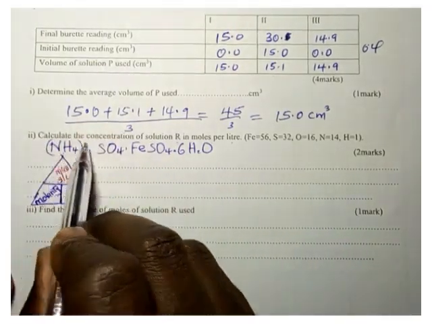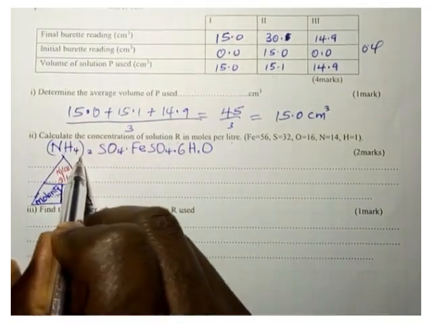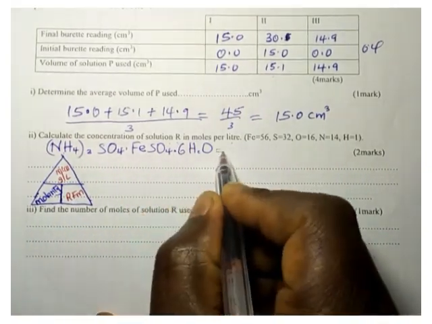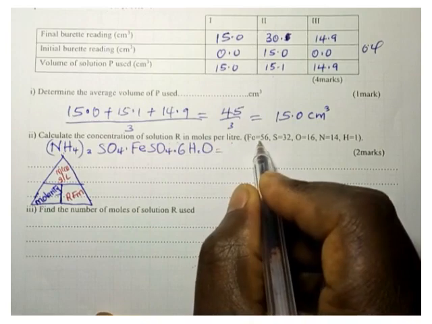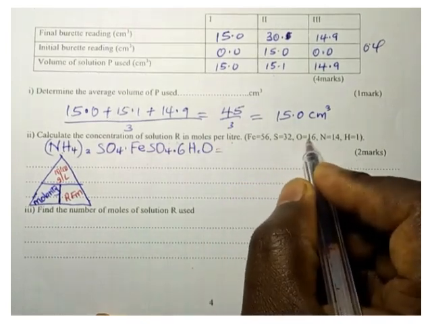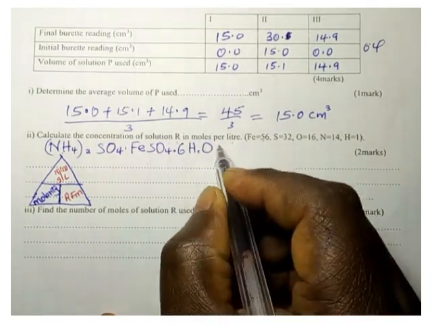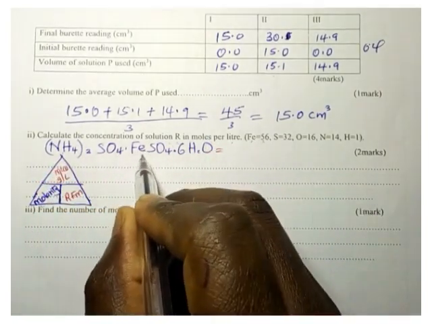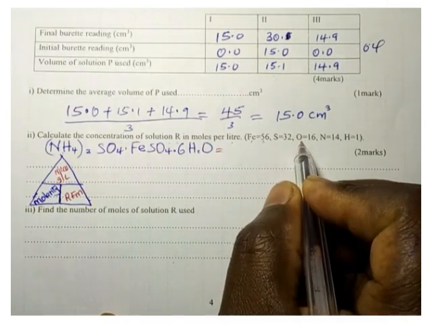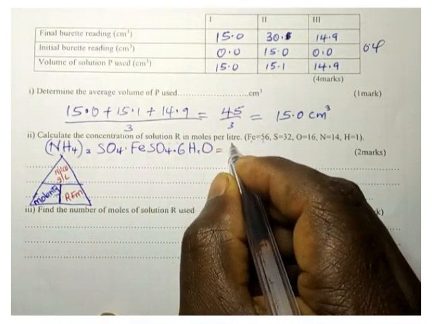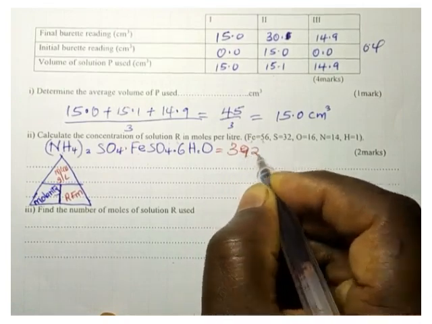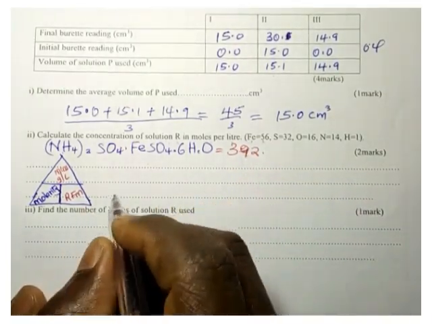Now, since we know that R is the ammonium iron 2 sulfate, the salt here, we can get the RFM of this iron because we have been given the RAM of each element. So once you add everything here, iron is 56, oxygen is 16, like that, you add everything, this one will give you 392.